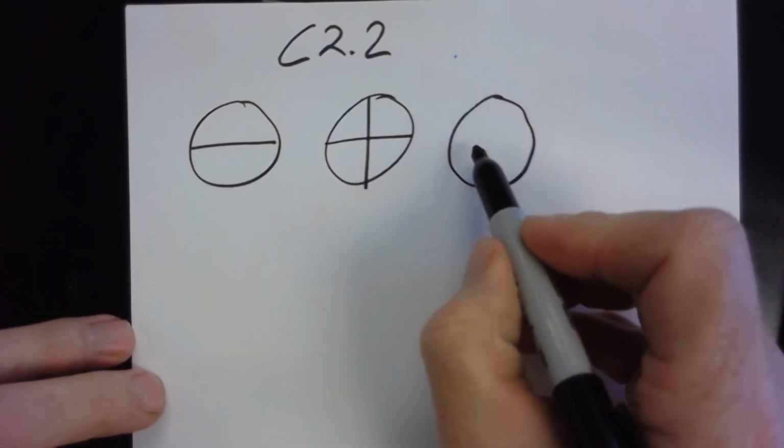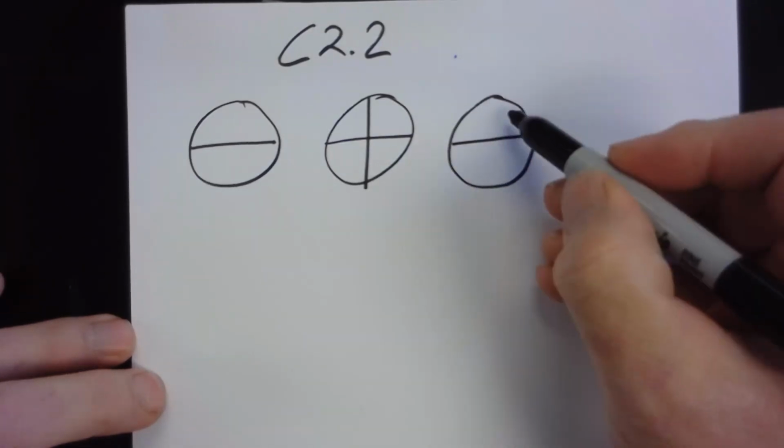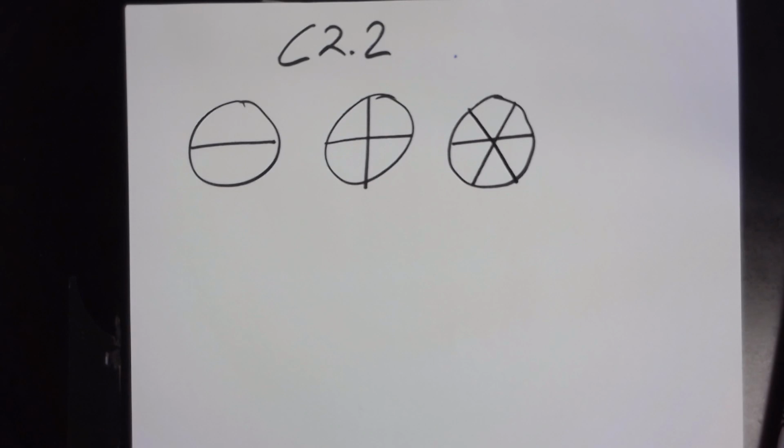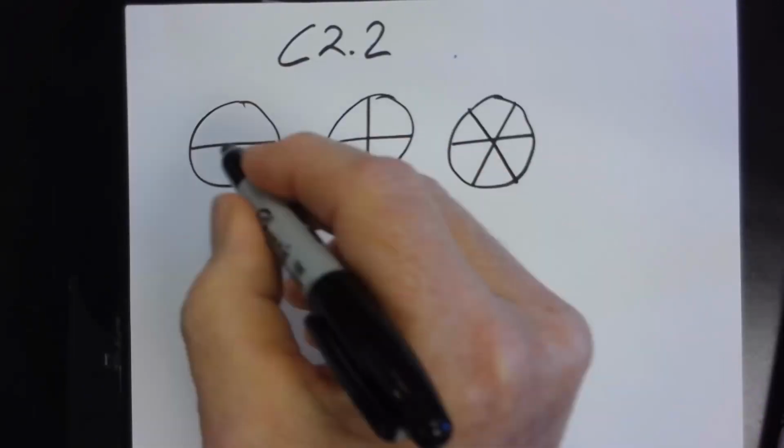And some of you were right. And some of you were not right. Right? And some of you thought I would just make 3 lines instead of 2 lines or 1 line.